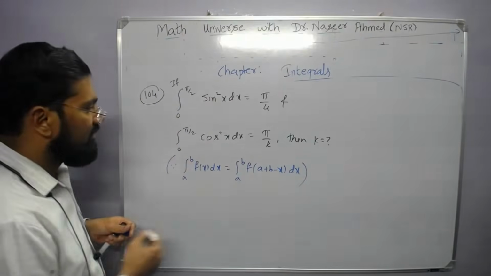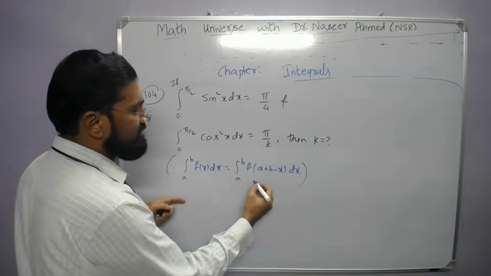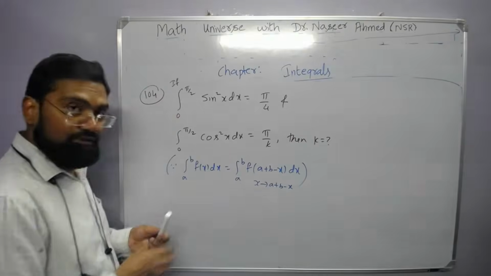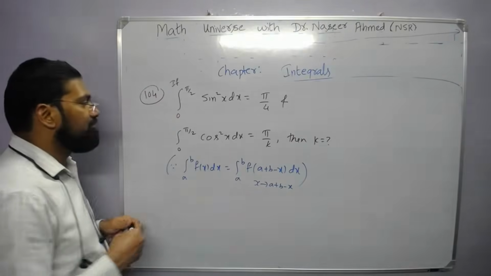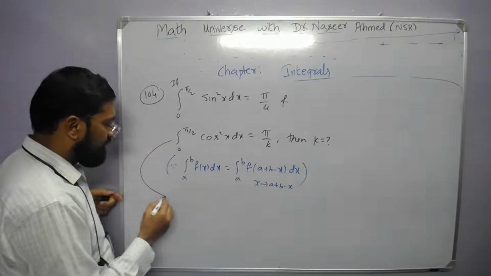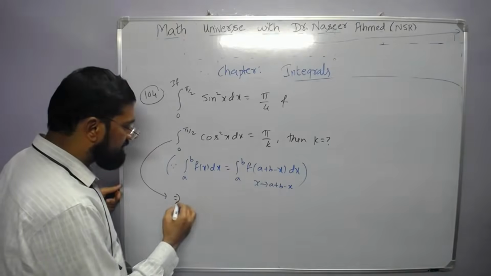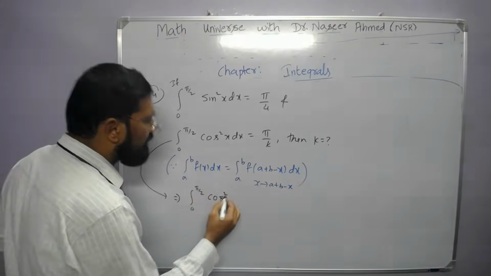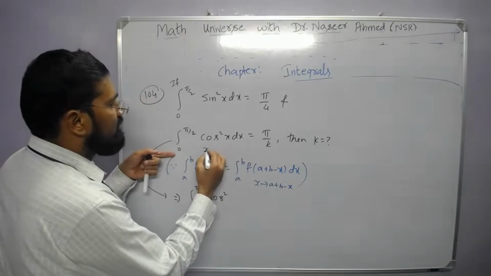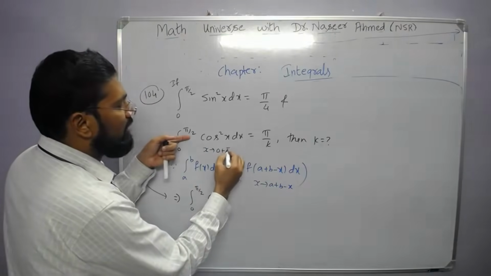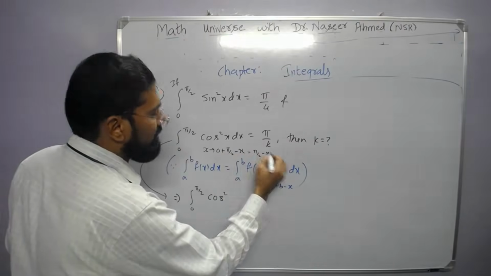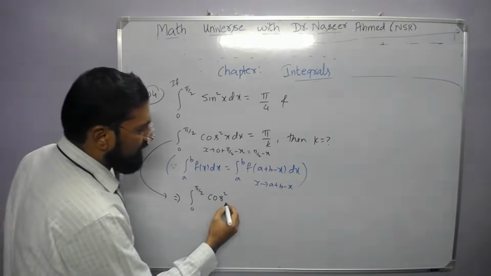So now I can write cos square, in place of x, lower limit 0 plus upper limit minus the variable, nothing but pi by 2 minus x.